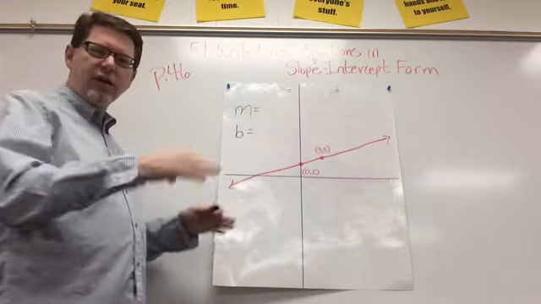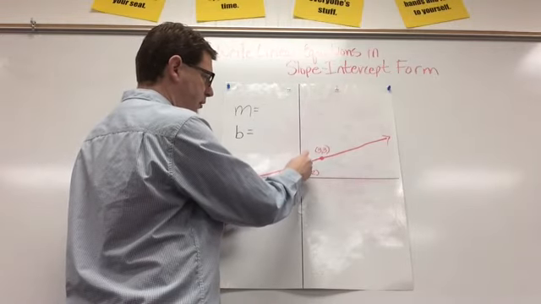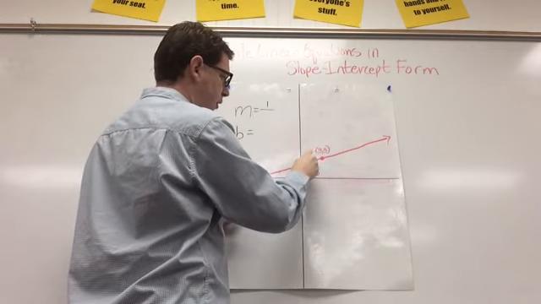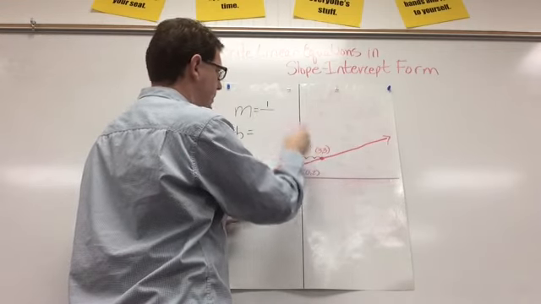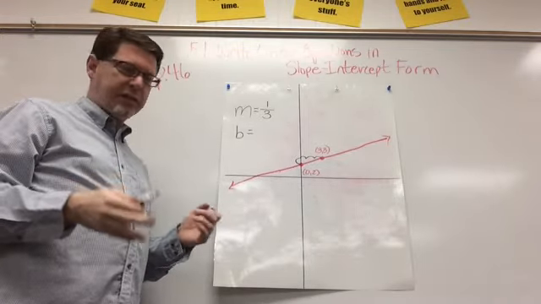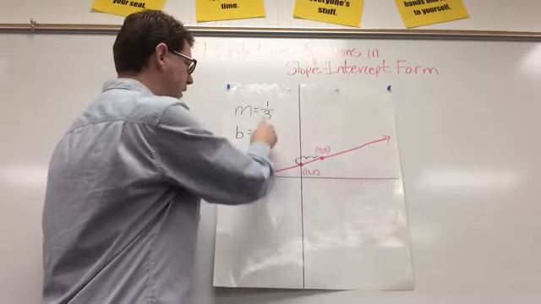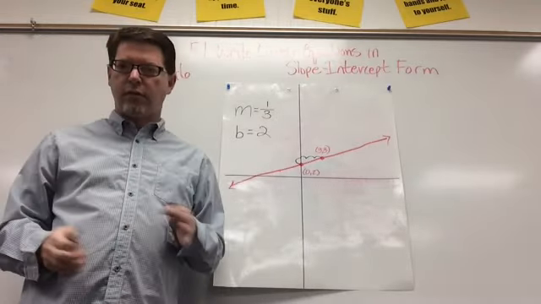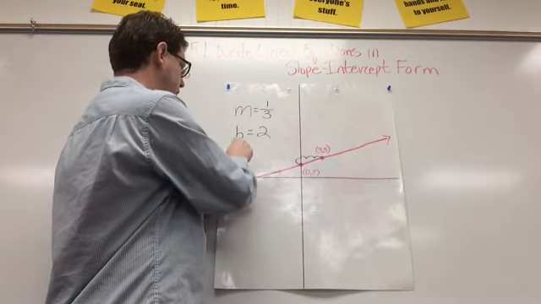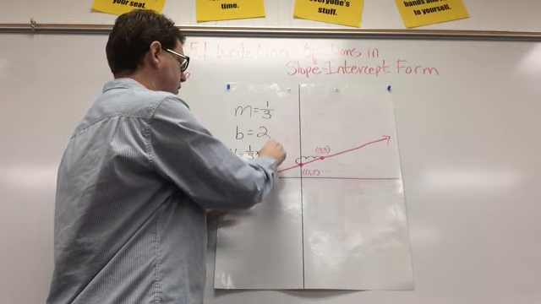So I'm going to start at the lowest point of my graph, which is 0, 2, and I have to go up 1. So that means I rose 1, and to the right 1, 2, 3. So my slope is 1/3. Oh, easy enough. And my y-intercept is 2, because that's where it crosses the y-axis. So I have my slope and my y-intercept. So my equation is y equals 1/3 x plus 2.